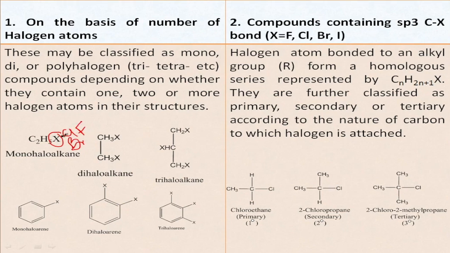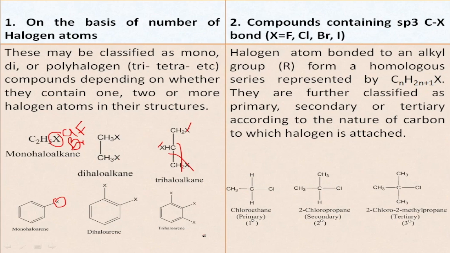So one halogen gives a monohaloalkane, two gives a dihaloalkane, three gives a trihaloalkane. Similarly for haloarenes: a benzene ring with a halogen group attached. Only one halogen group, monohaloarene; two halogen groups, dihaloarene; three halogen groups, trihaloarene.